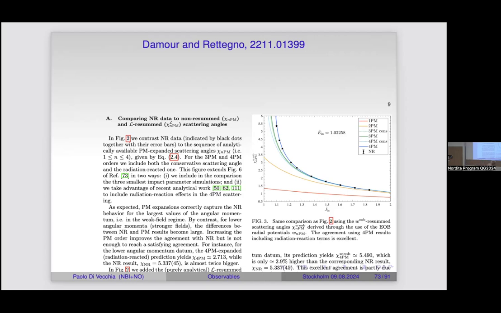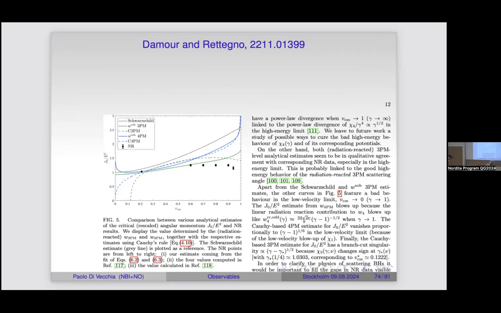But there is another diagram where you compute as a function of the velocity the angular momentum below which you get capture, and above which instead you have scattering.